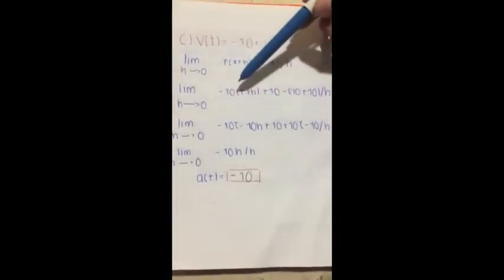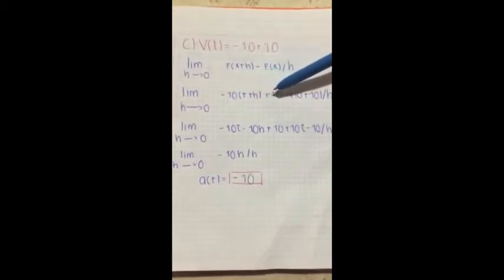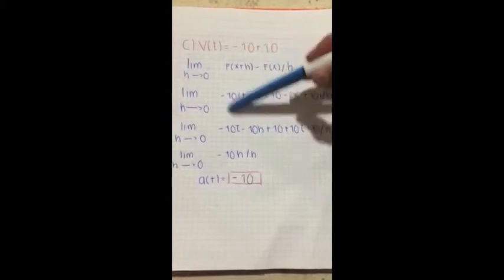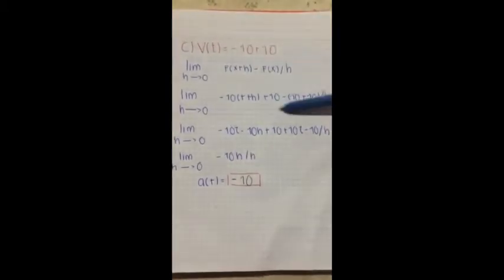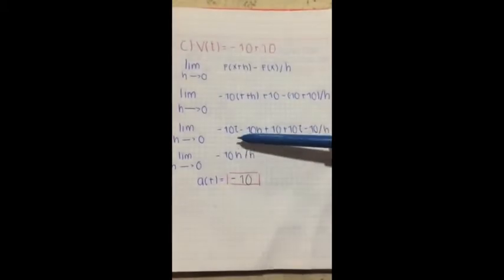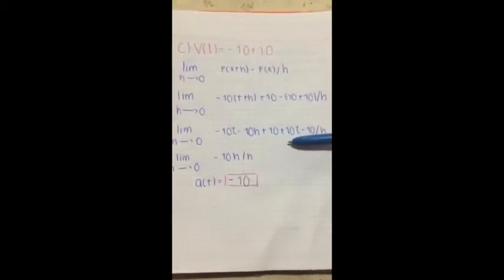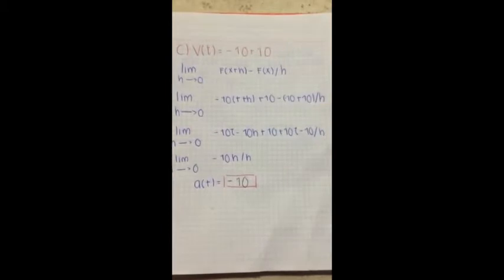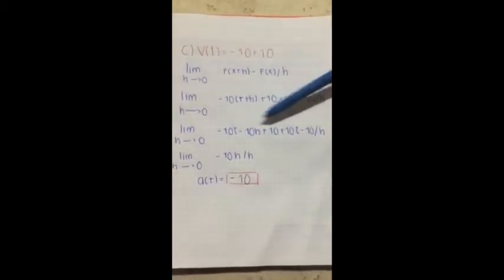Then you will change the function to -10t - 10h + 10 + 10t - 10, everything over h. Then you have to simplify or eliminate the values in here.